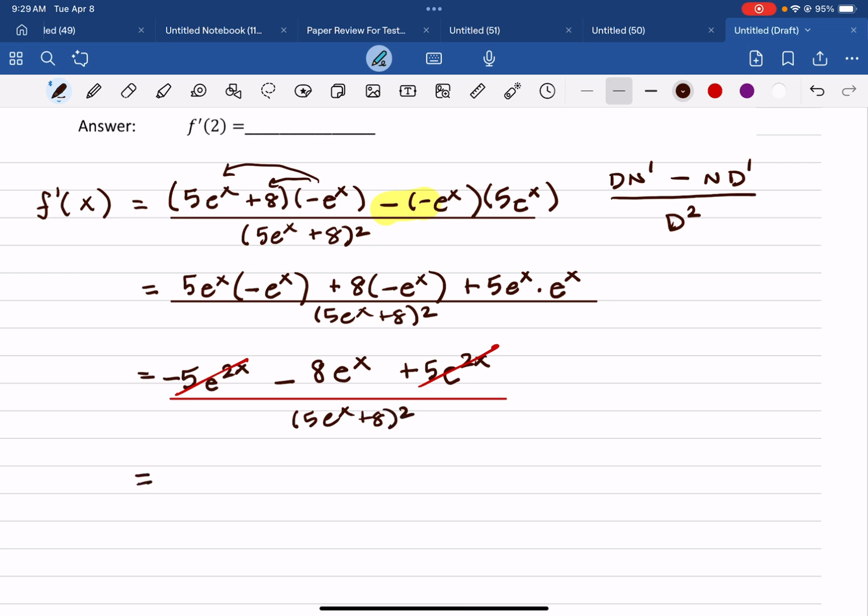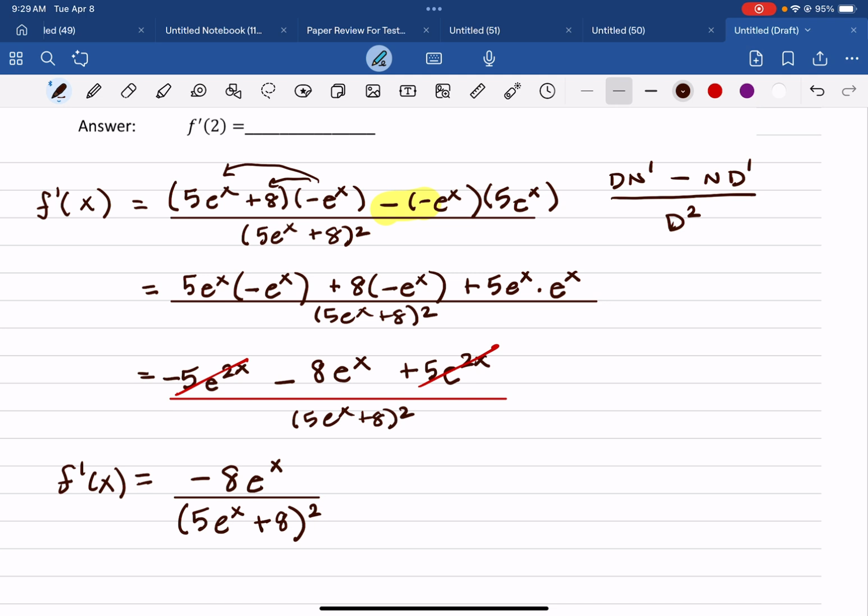So the final answer for the derivative, which I'm going to label, please label on your test, is negative 8e to the x over 5e to the x plus 8 quantity squared. So that is the derivative formula.